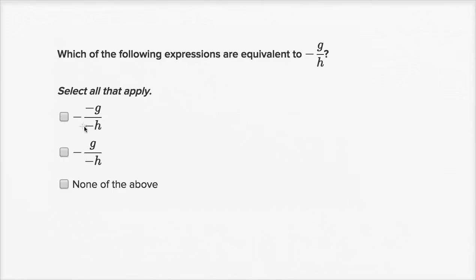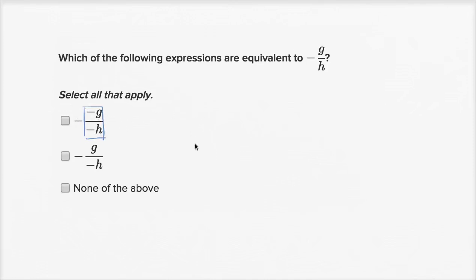All right, so this has all sorts of negatives here. At first it looks a little bit unusual, but then we need to just realize that this part, let me square this off in blue right over here, negative g over negative h, we've already figured that out. We actually looked at that right over here. If you have a negative divided by a negative, that's the same thing as the positive value divided by the positive value.